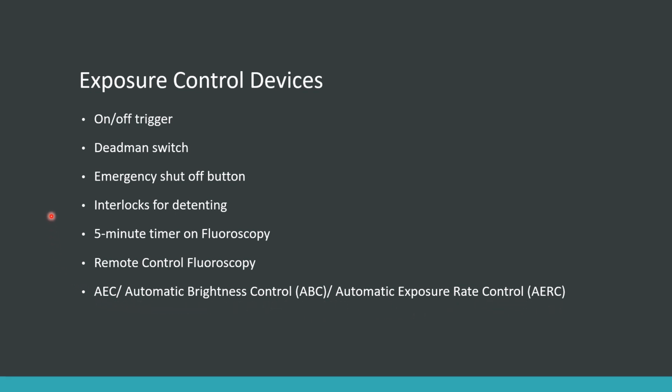So these are all ways that we can reduce doses for our patients and ourselves. So making sure that everything is detented. We have a timer that reminds us and the surgeon or the radiologist that we're reaching 5 minutes on the timer. There are remote control fluoro units now, just like in the specials or like in lumbar punctures. There's always a special room like at Memorial Hermann TMC where Ramon works.